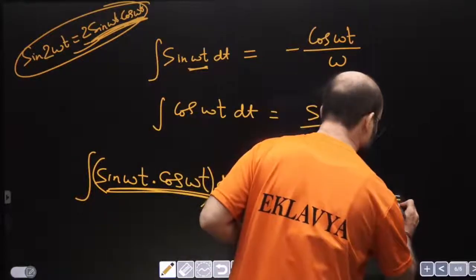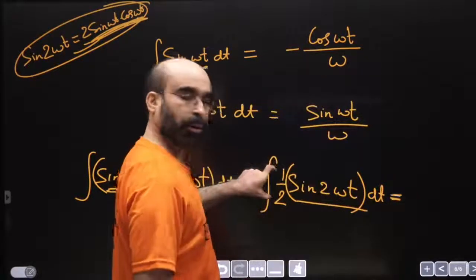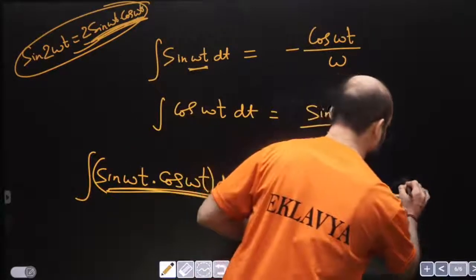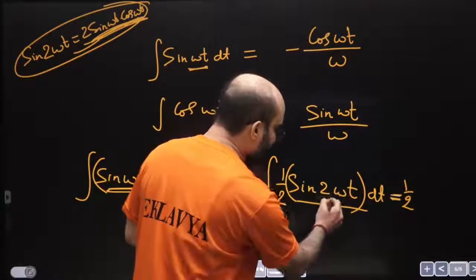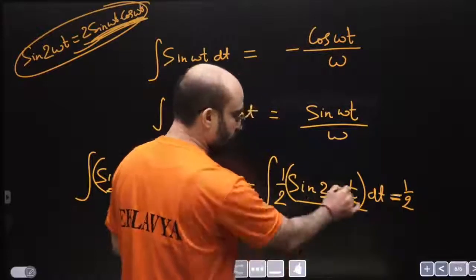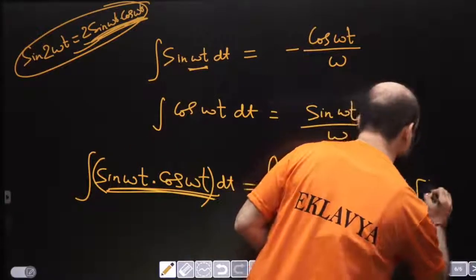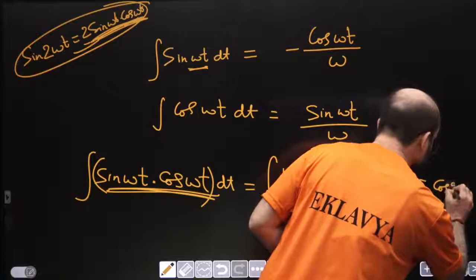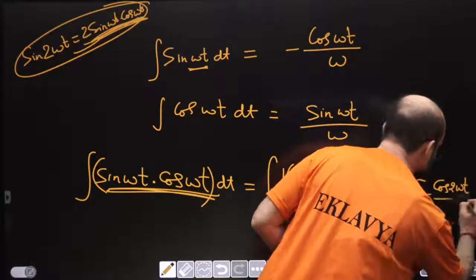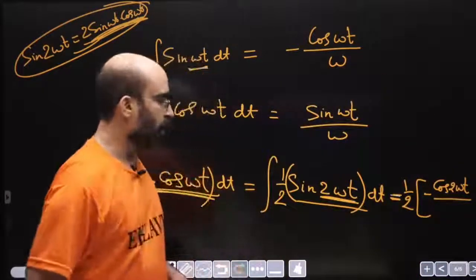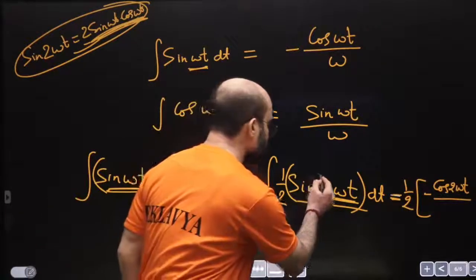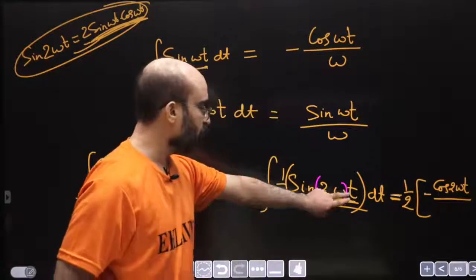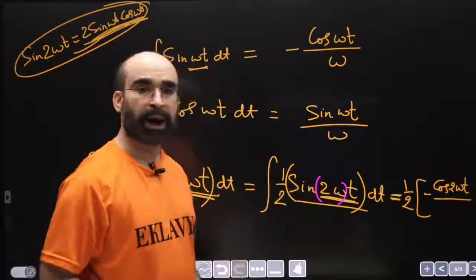Let us take out the constant value from this integral symbol. Okay, I have taken it. Now, the sine of this angle, mind it, sine of this angle, will be minus cos 2 omega t divided by the coefficient. Coefficient of t is 2 omega.